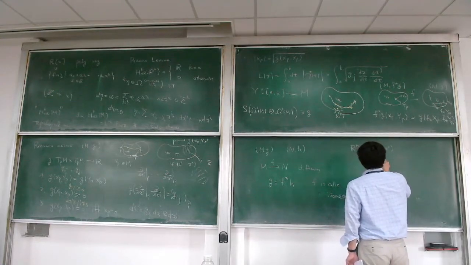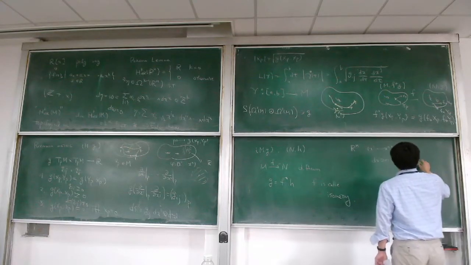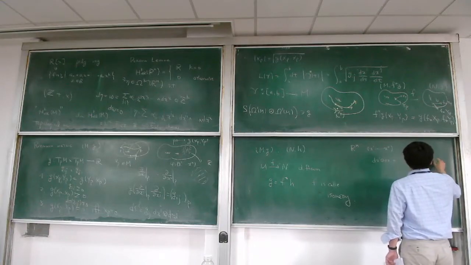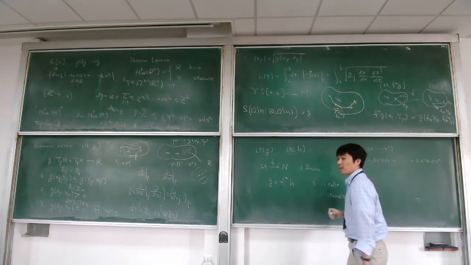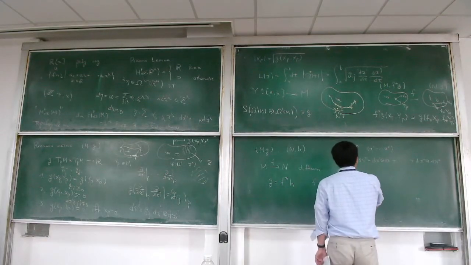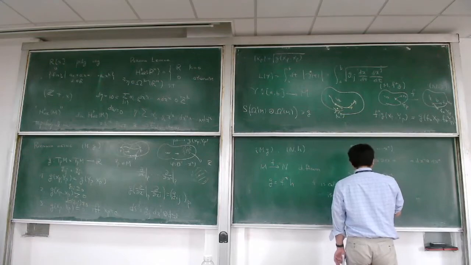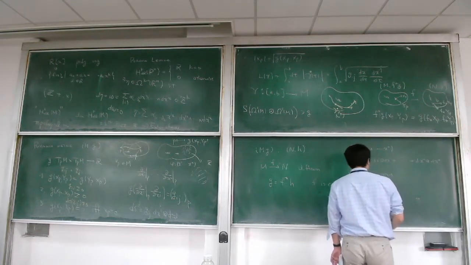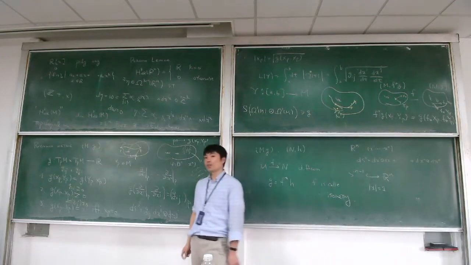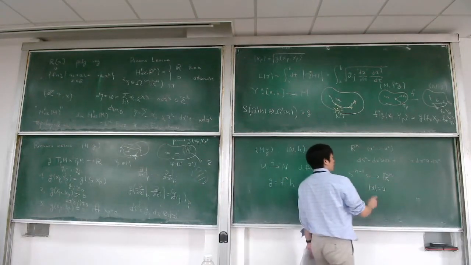So this is the standard metric of R^n, and then we know that S^{n-1} is mapped to R^n by just embedding. You just look at the unit sphere in R^n. So this is the inclusion.